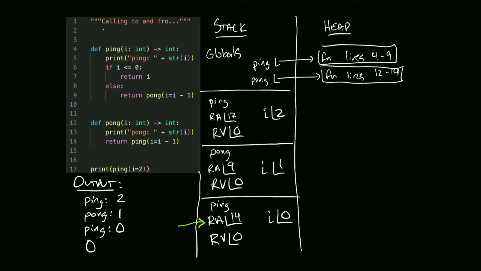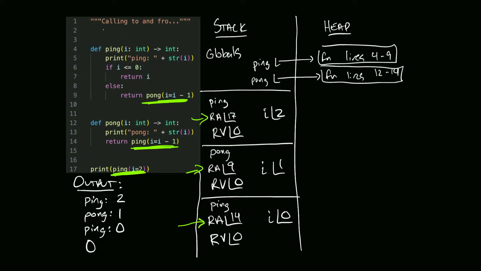And so this is telling you what is the line that this value is going to be sent to. And so notice each of these RAs is exactly, first we called ping on line 17, and then on line 9 we wound up calling pong, and then on line 14 we wound up calling ping.